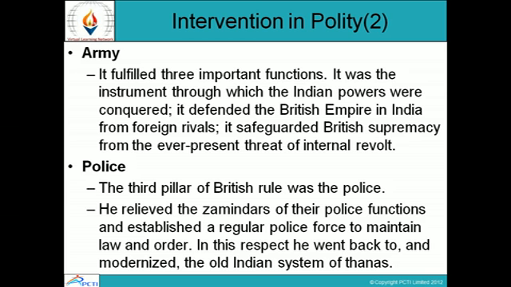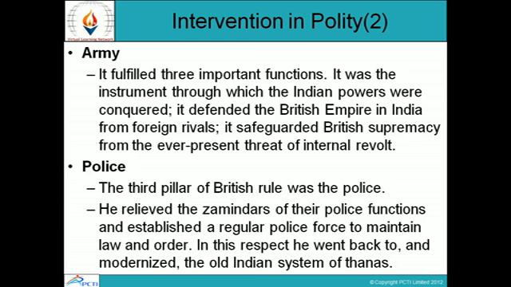Police. The third pillar of British rule was the police. He relieved the zamindars of their police functions and established a regular police force to maintain law and order. In this respect, he went back to and modernized the old Indian system of thanas.